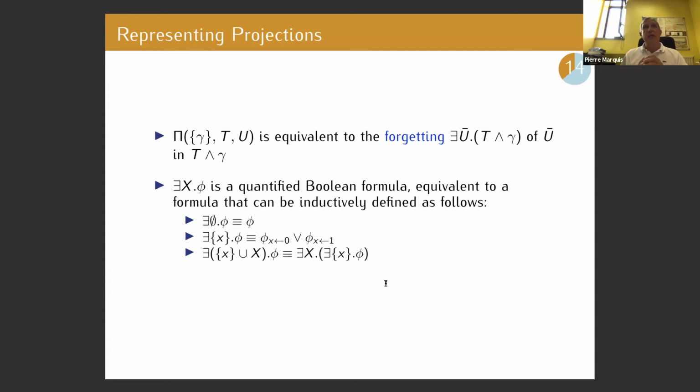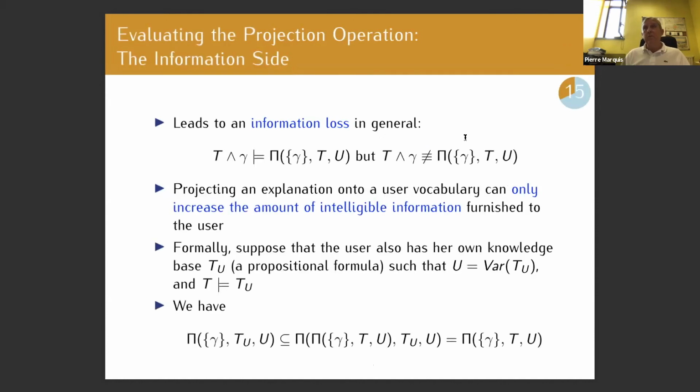If you want to get a representation of this projection, what you can do is simply to project the conjunction of the domain theory with the explanation onto the user vocabulary, or to state it differently, to forget everything else. I'm not going to enter into the details of forgetting, but it is quite well known.